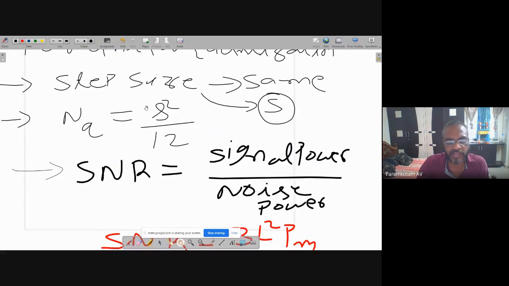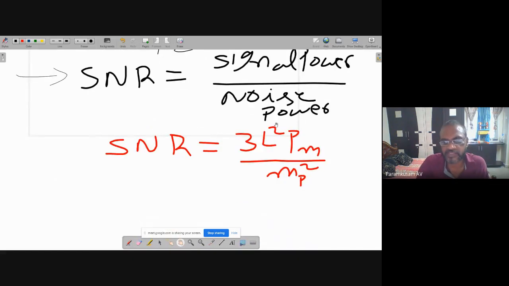That is the noise power, S²/12. This S²/12 is constant now. Similarly, 3L²/MP².